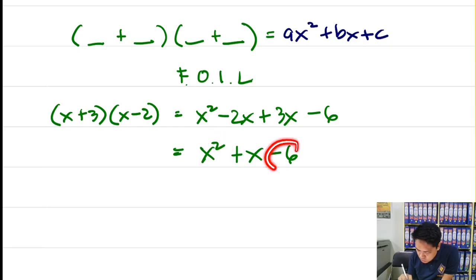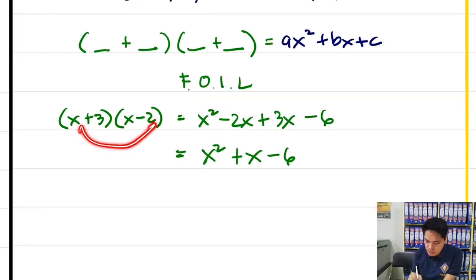And the last term of the resulting trinomial is just the product of the last terms of the two binomials. So, pwede natin gamitin yun as our guide. Okay? And the middle term is just a combination of the outside terms and the inside terms. Okay? The outside and the inside.